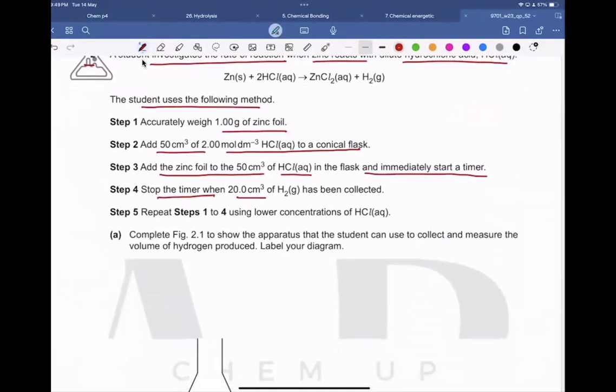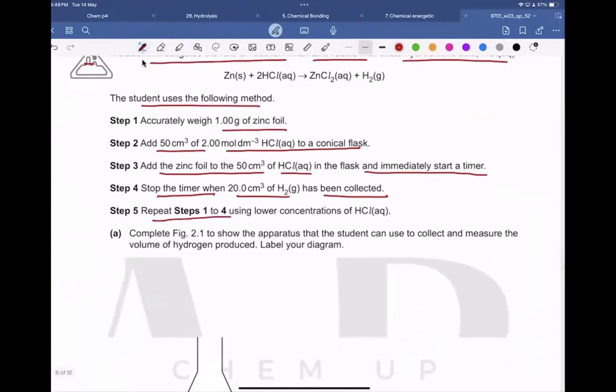Stop the timer when 20 cm³ of hydrogen gas has been collected. Repeat steps 1 to 4 using lower concentrations of HCl. Complete figure 2.1 to show the apparatus that can be used to collect and measure the volume of hydrogen produced. Label your diagram.